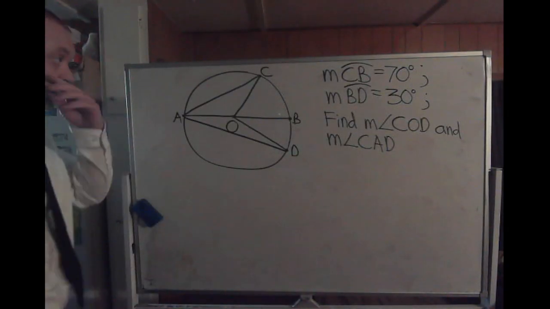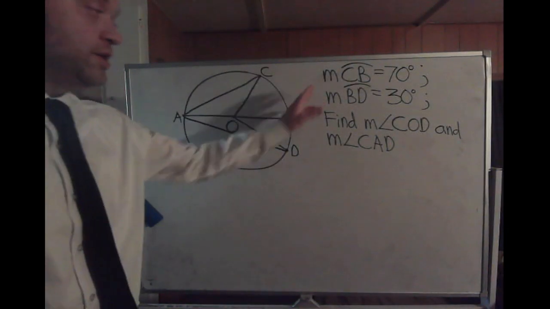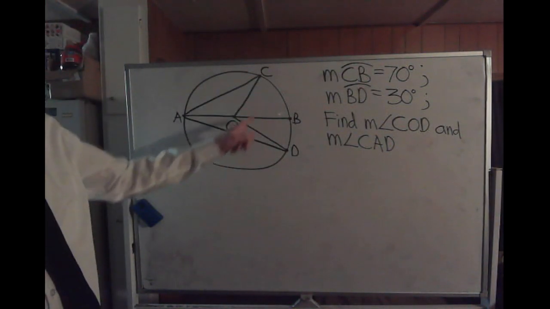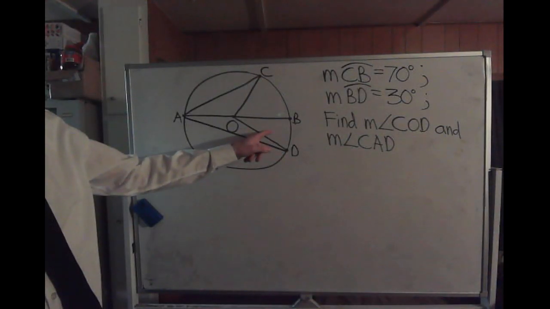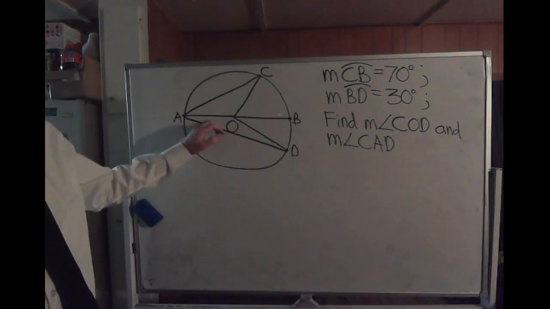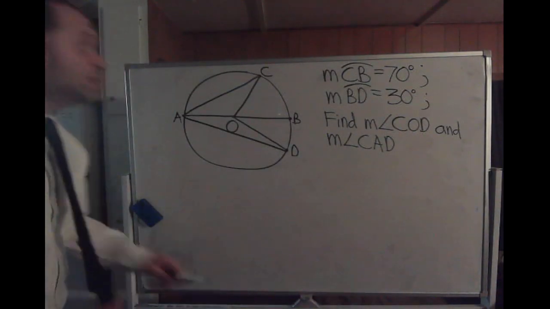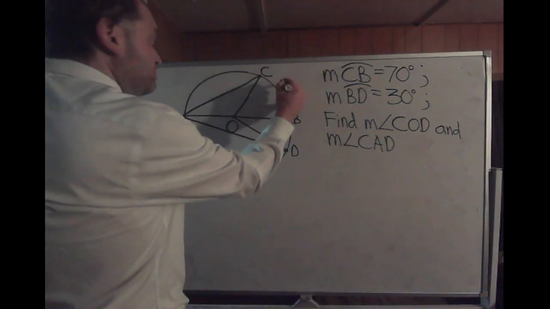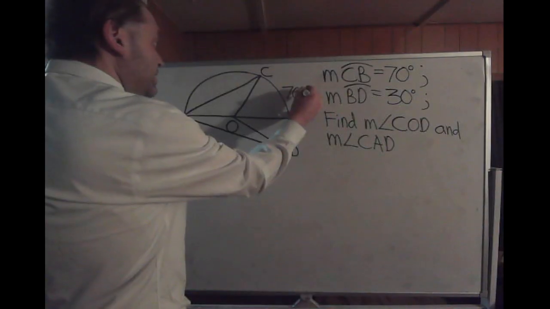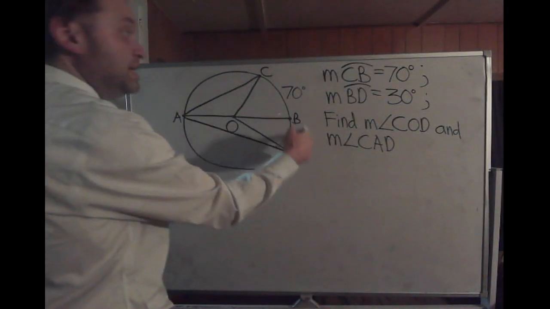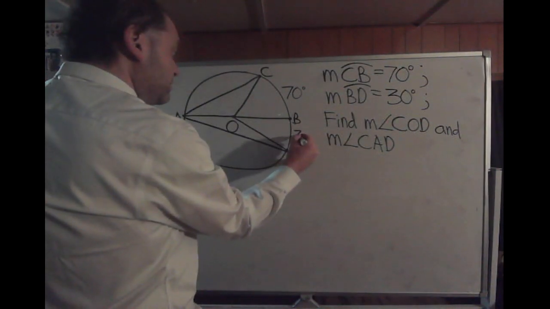So we are given two arc values. We need to find the measures of angle COD and the measure of angle CAD. Well, let's start here. CB has a measure of 70 degrees, right? And then BD has a measure of 30 degrees.